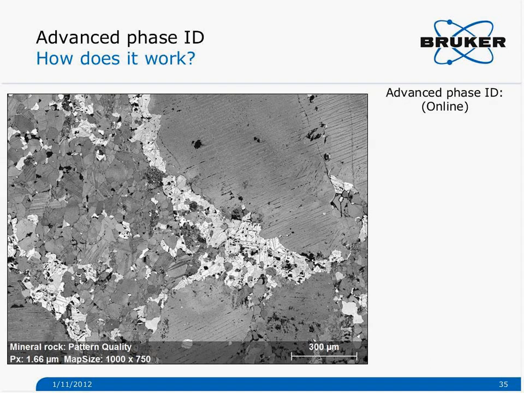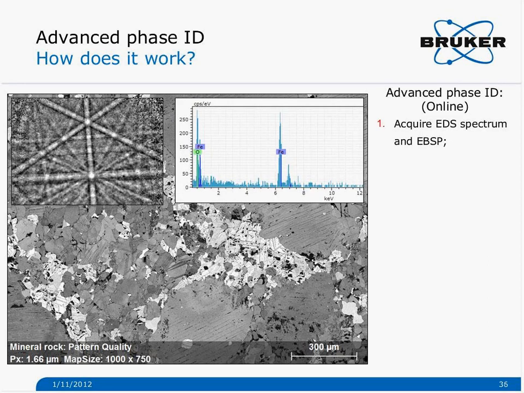Now, this is the pattern quality map corresponding to the region of interest you saw in the slide before. And I'll now start explaining how the advanced phase ID feature works. The first step is very similar to what you saw before with the conventional phase ID.